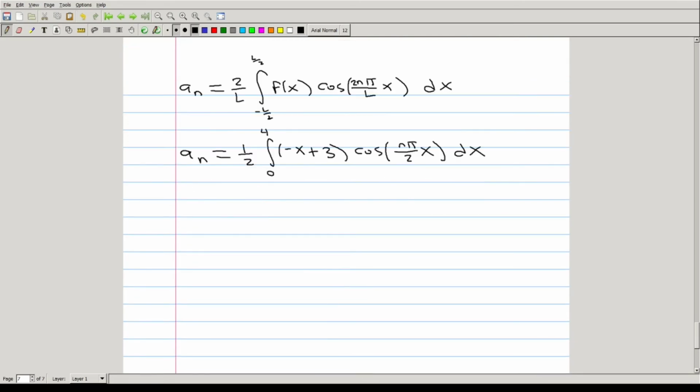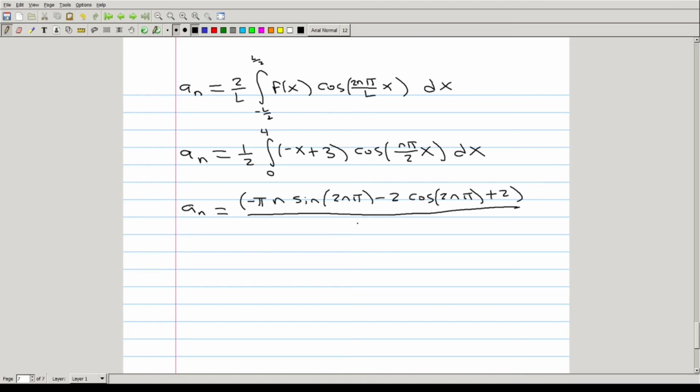And when we go through and evaluate this using integration by parts, a n is equal to 1/2, or fully simplified ends up being negative pi times n times sine of 2n pi minus 2 cosine of 2n pi plus 2, all over n squared times pi squared.